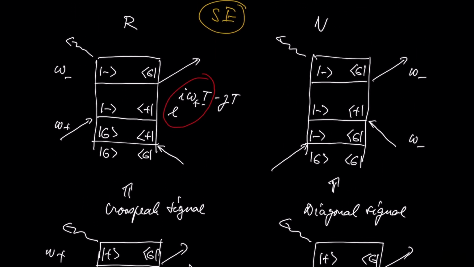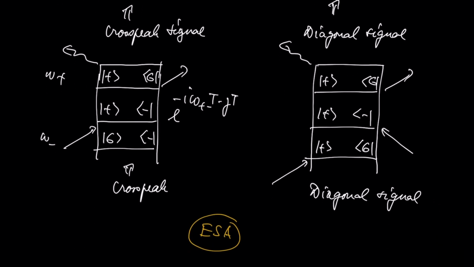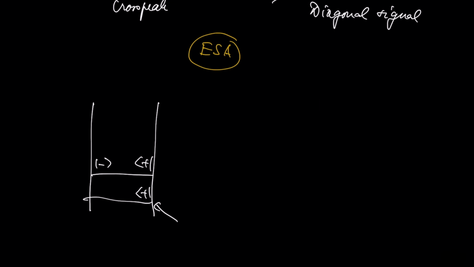So also it's clear that somehow we have to have four possible diagrams from the excited state absorption. So let's start from the rephasing. On the rephasing we can start with plus, we will have minus by the second interaction, and then we have to go to F. But because we are in the rephasing situation, we have to have the opposite phase, so to say, in the last interval. So F has to appear here.